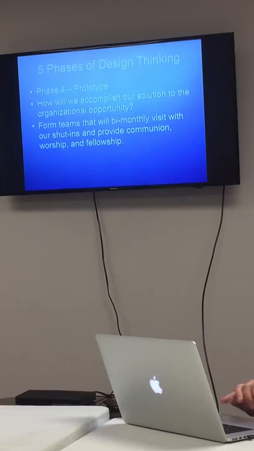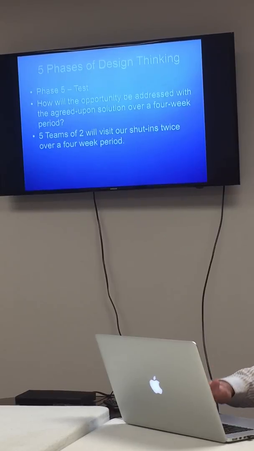Our prototype: we've decided to form teams that will bi-monthly visit with our shut-ins and provide communion, worship, and fellowship. All right, so that was our prototype. Our test was, we ended up with 5 teams of 2 that will visit our shut-ins twice over a 4-week period. And this is some of what that looked like.